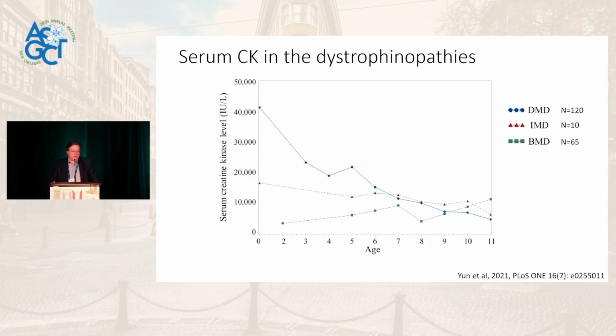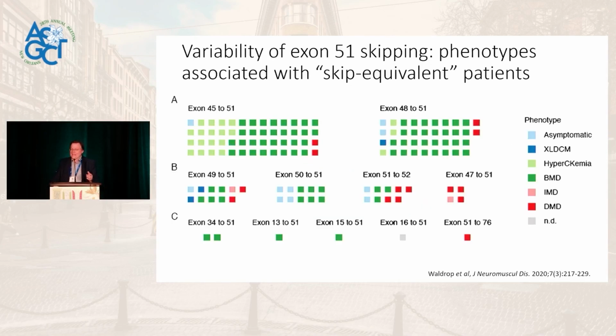And I'll point out one way we look at that, again, is to look at the natural experiment. This was an effort to look at patients in the real world who carry mutations equivalent to exon 51 skipping outcomes. And you can see that many of these patients with certain versions of the equivalent genotypes are actually asymptomatic, including normal CK.